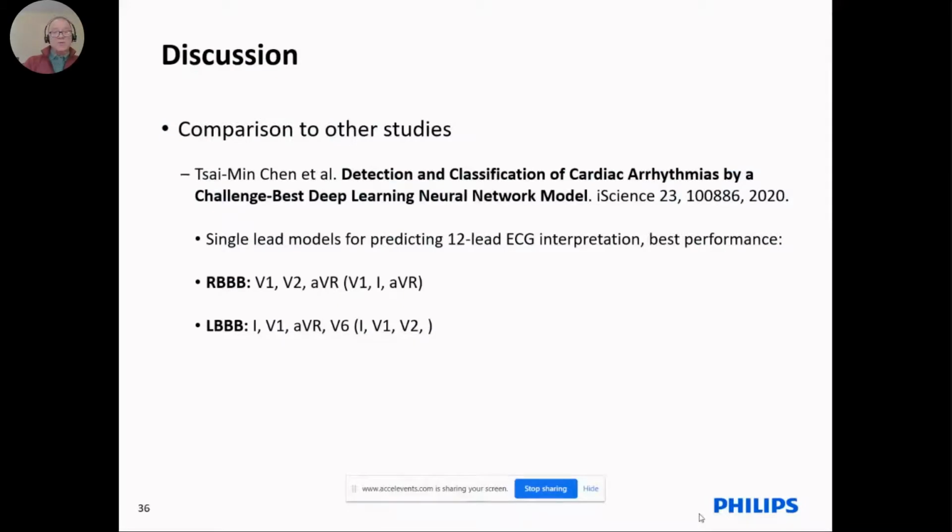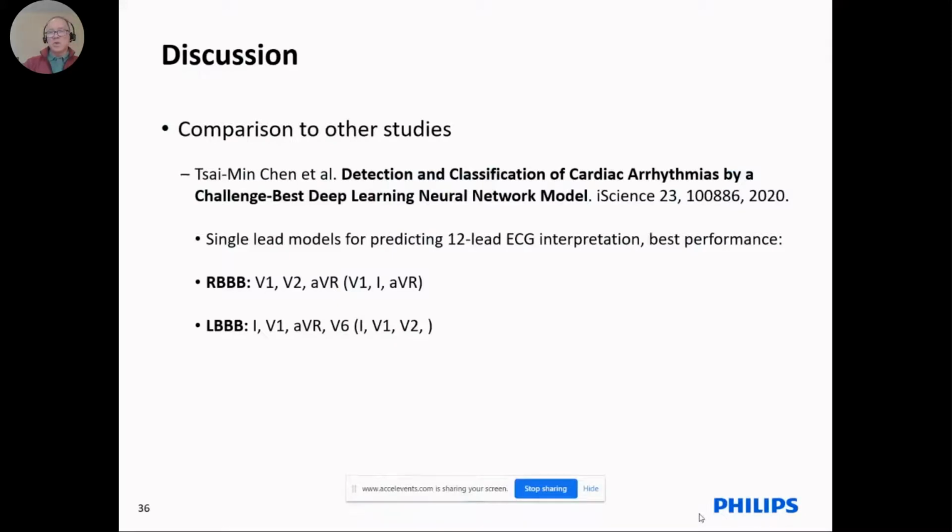Now, I want to compare to other studies' lead importance. There was another recent paper, 2020, called Detection and Classification of Cardiac Arrhythmias by a Challenge. And they used a deep learning neural network model.